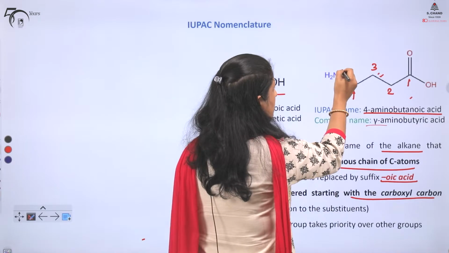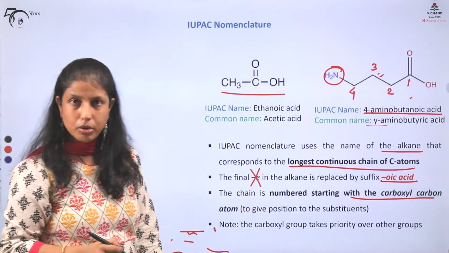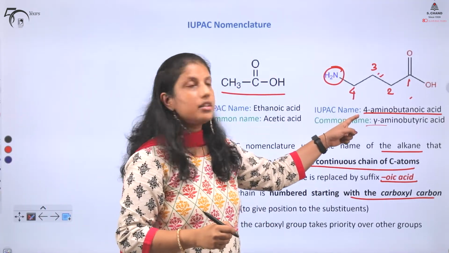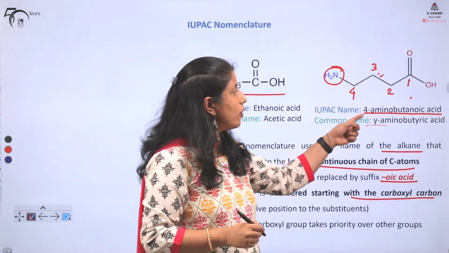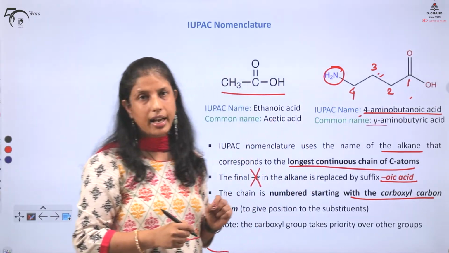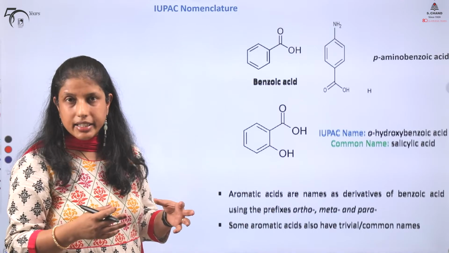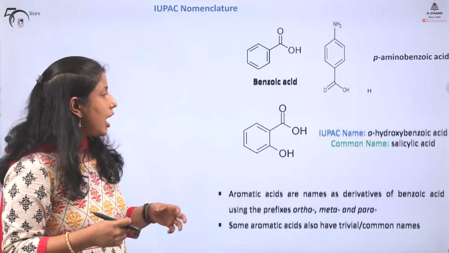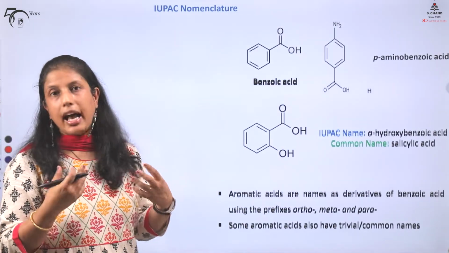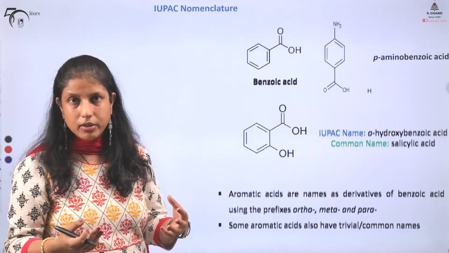The fourth carbon contains an amino group, and so the molecule is now known as 4-aminobutanoic acid. Certain aromatic carboxylic acids are going to be named as derivatives of benzoic acid.